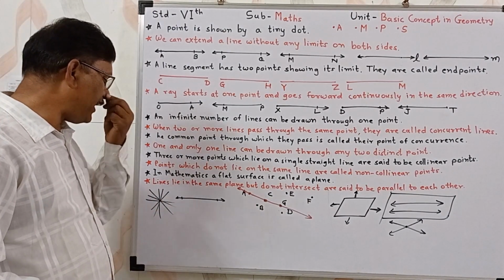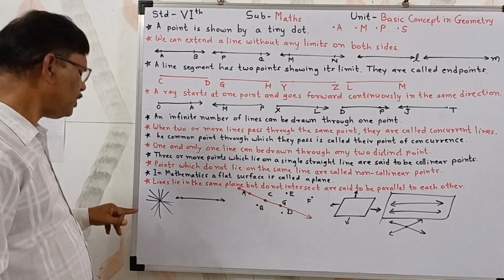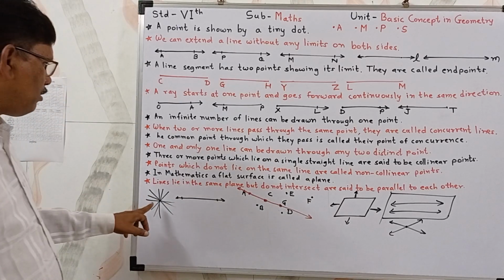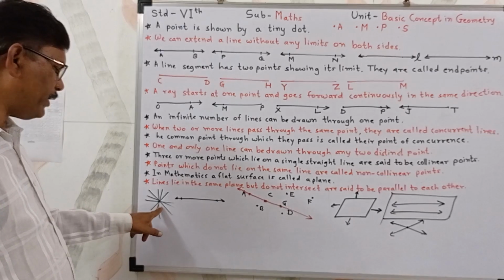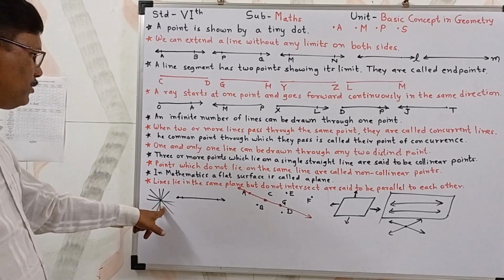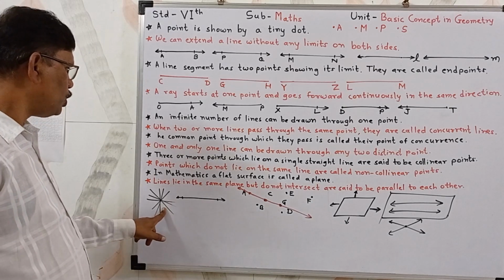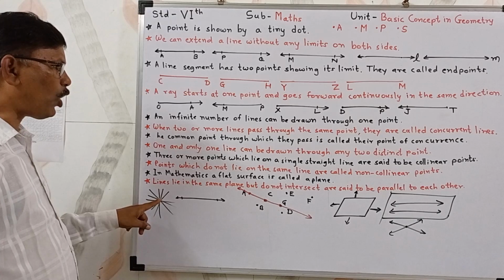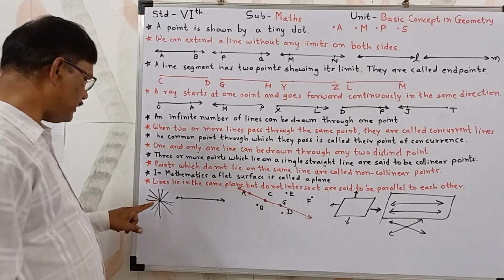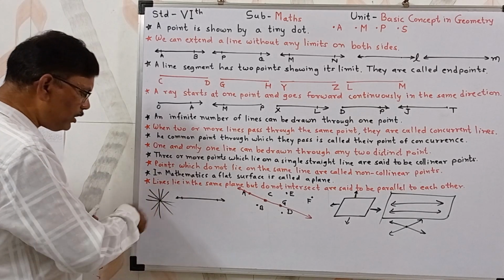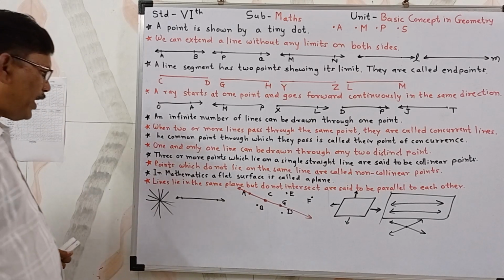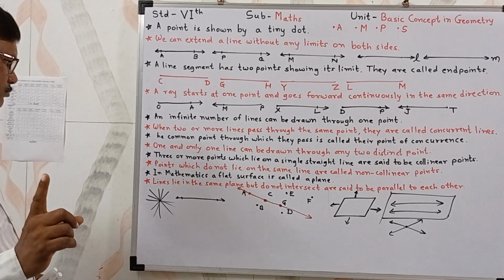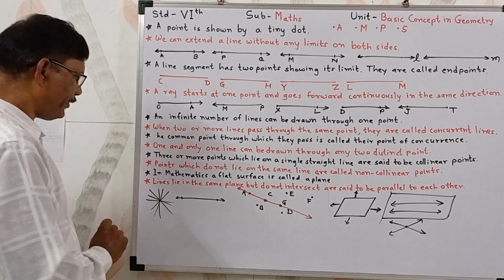Then we see that we can draw infinite lines from one point, and when two or more lines pass through the same point, they are called concurrent lines. Why? Because they go through only one point.